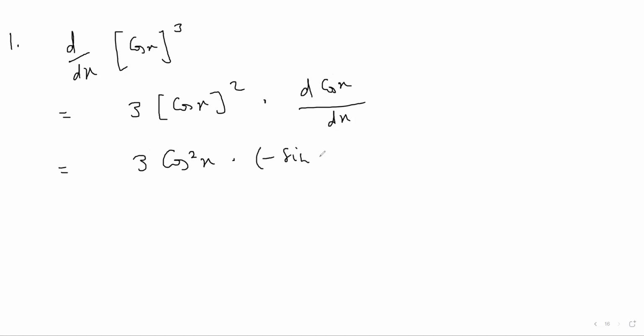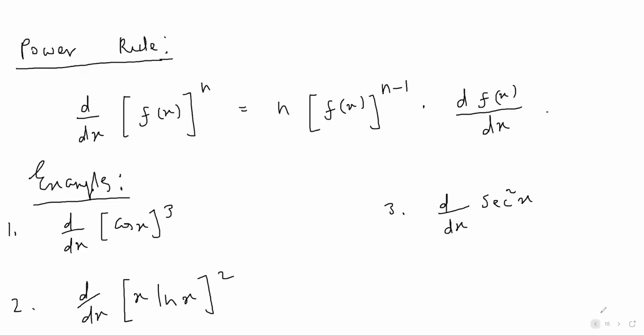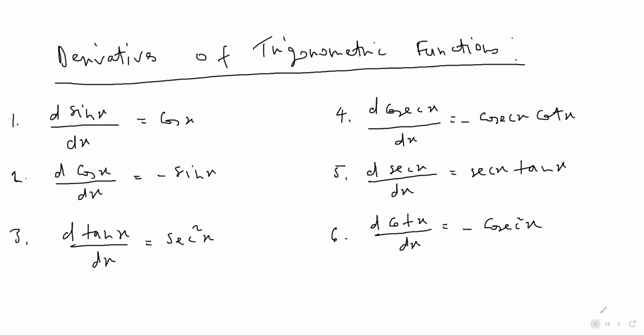If you look at the derivatives of trig functions, you'll see that the derivative of cos x is minus sine x.